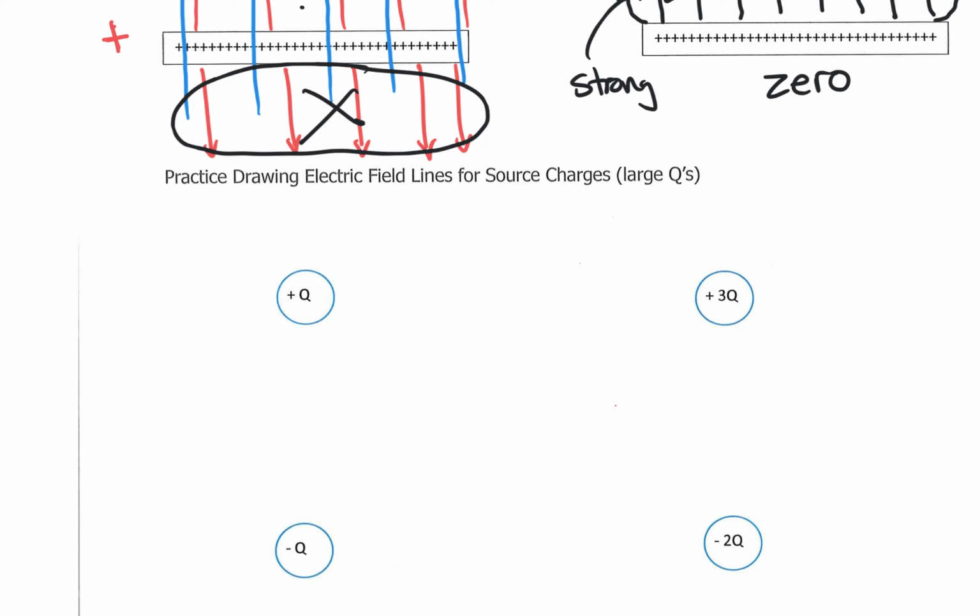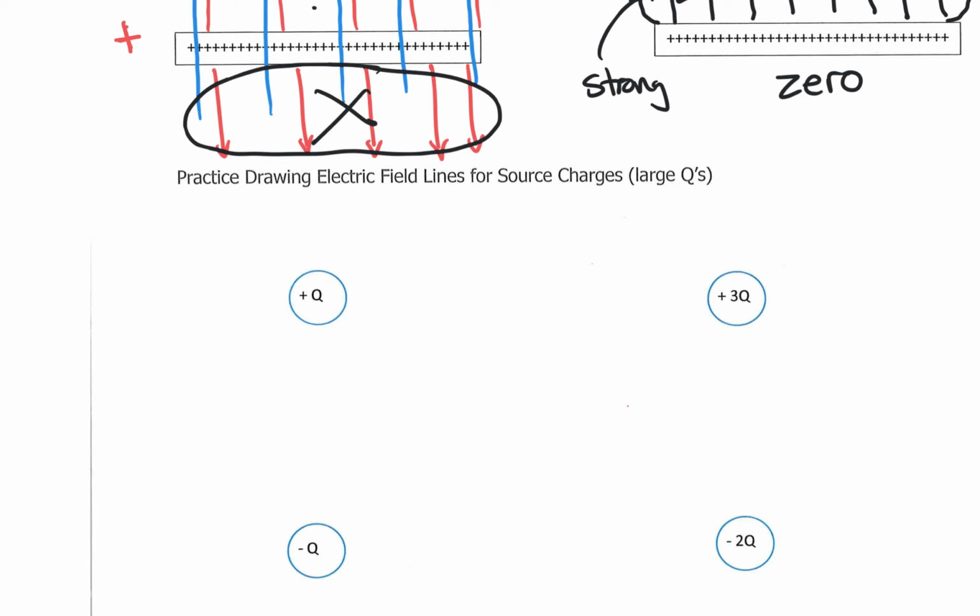Now we're going back to single positives. But then this drawing has 3 charges on it. It doesn't mean it's 3 objects. It means it's 3 times the strength. And what should that do to the density of the field lines? If it's 3 times stronger, it should have 3 times the field lines.